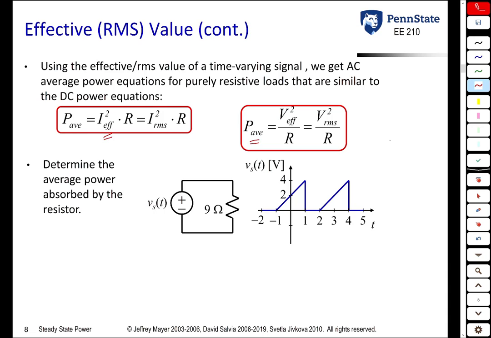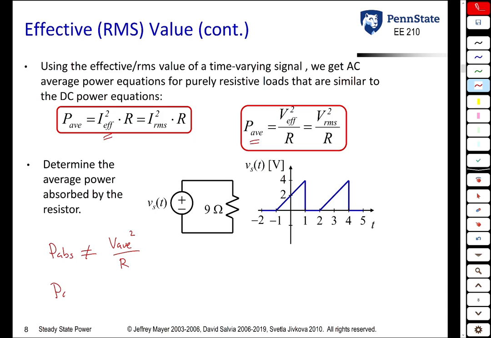So imagine we're given this problem here. We're given the same signal that we looked at in the previous page, and now we're asked to determine the average power absorbed by the resistor. The power absorbed does not equal the average voltage squared divided by R. It'd be nice if it did. That would make our math a lot simpler, but unfortunately, it is not the case.